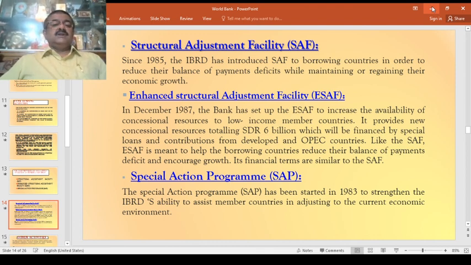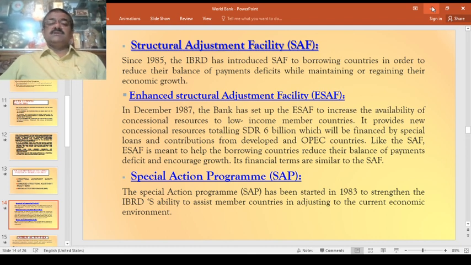Structural adjustment facility: since 1985, the IBRD has introduced SAF to borrowing countries in order to reduce their balance of payments deficits while maintaining or regaining their economic growth. Enhanced structural adjustment facility: in December 1987, the bank set up the ESAF to increase the availability of concessional resources to low-income member countries.